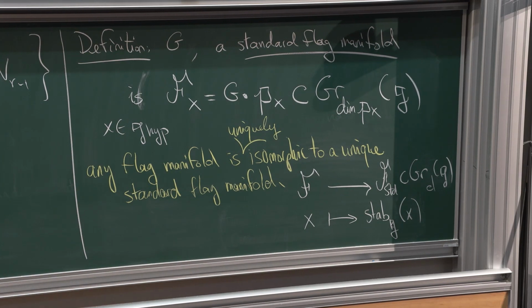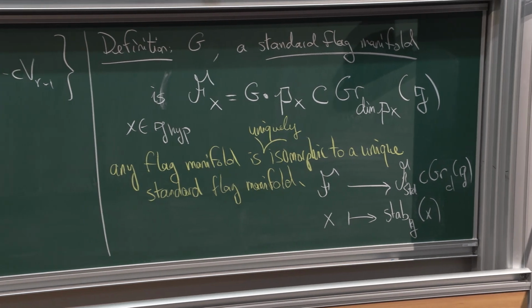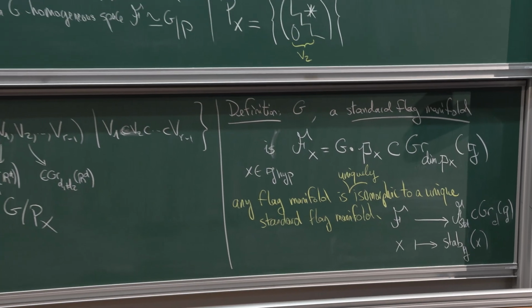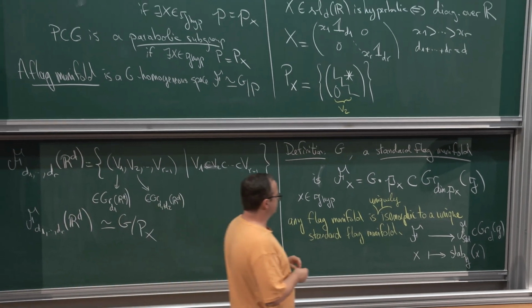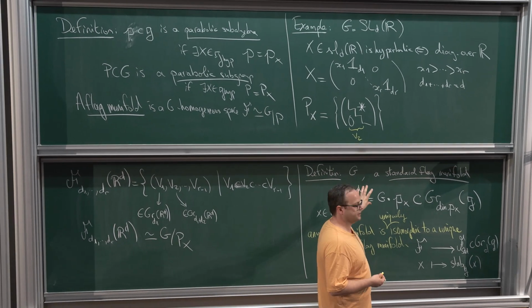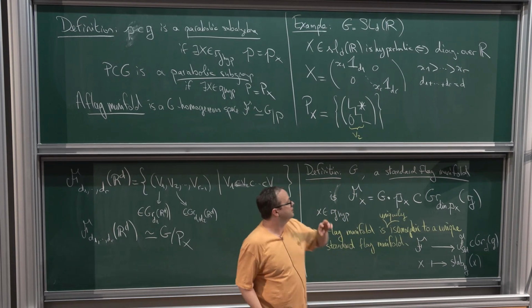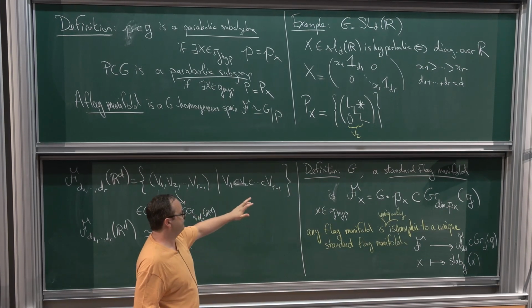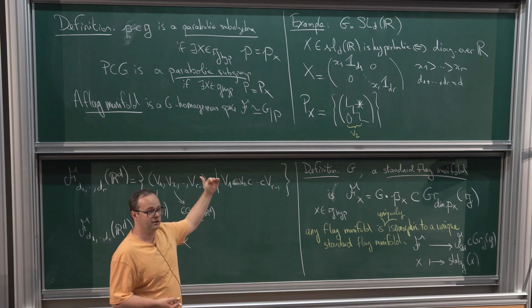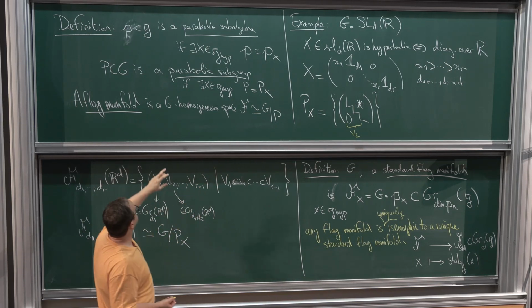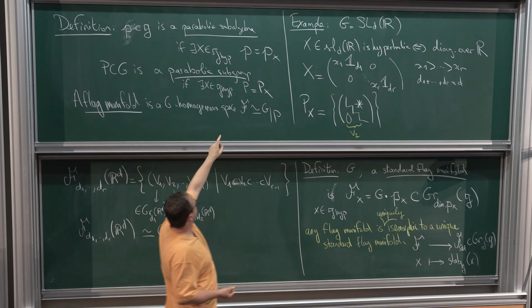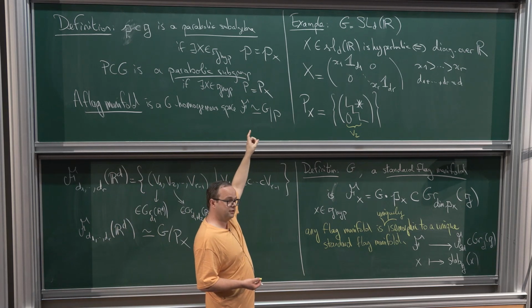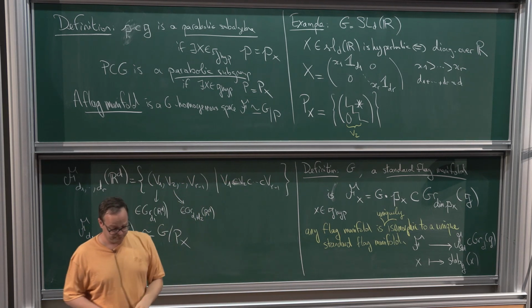So there are many x's, uncountably many x's will have the same standard flag manifold. Right. If you just know what your flag manifold is, you don't know what x is. Even if you fix a point of your flag manifold, so then you have the stabilizer, which is a parabolic subgroup. For a given parabolic subgroup, let's look at the definition here. For some p, there are many x's for which p is equal to px.